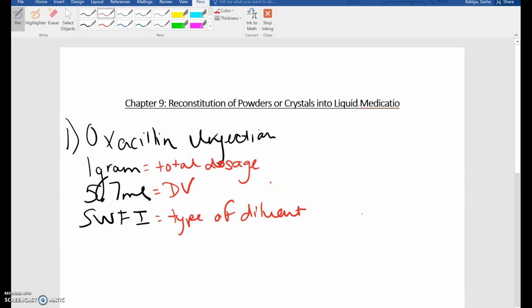Okay. And it tells you that each 1.5 milliliters contains 250 milligrams of oxacillin. So this 250 milligrams per 1.5 milliliters is considered your what? Dosage strength.